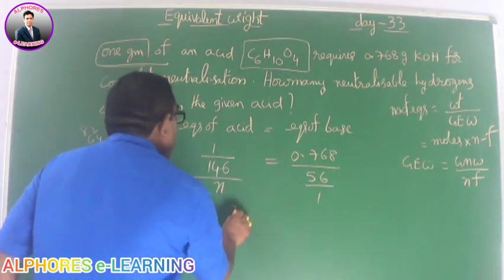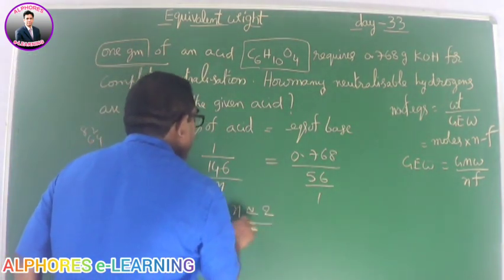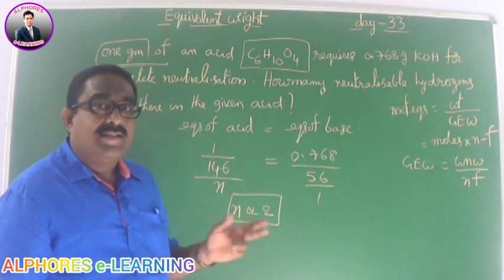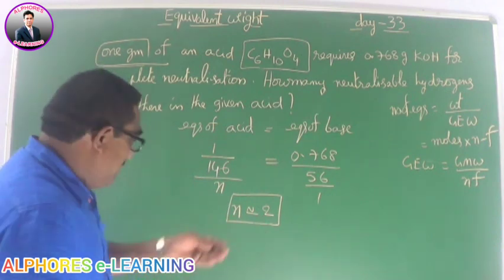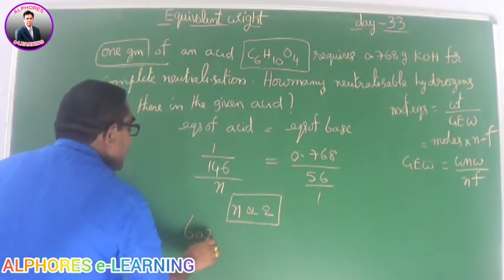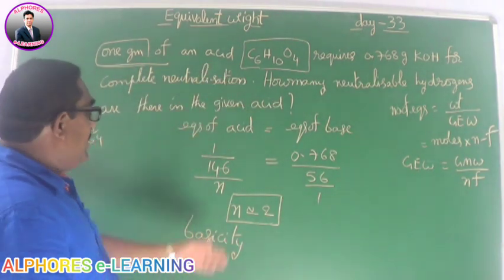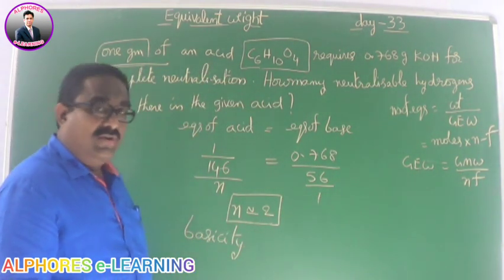Now, on calculation, you will get n value 2, meaning 2 neutralizable hydrogens. So n equal to 2 we will get.